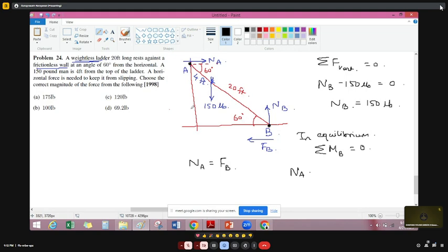This is 20 feet and then 60, so sine 60. Anybody not following? This is the perpendicular distance between this force and the point. The line of action of the force is this way, so I should take this height, which is 20 into sine 60.